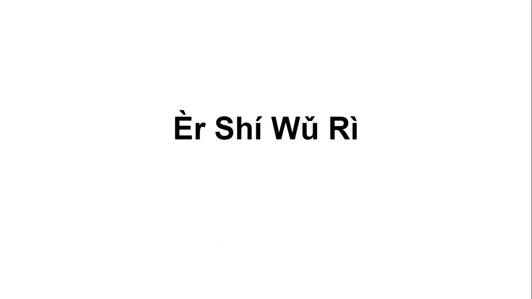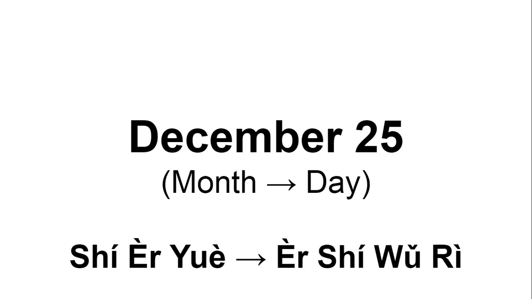So that's for rule number 2. And then rule number 3 is not applicable here because there is no year time element in this sentence. So if we put all of that together, December 25 becomes 12月25日.